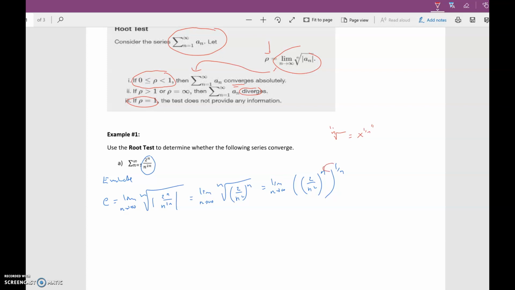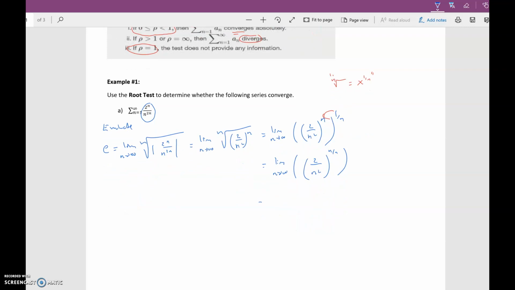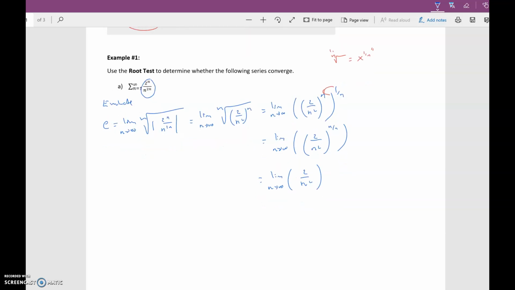Those two are going to simplify, so we're just looking at the limit as n approaches infinity of 2 over n squared raised to the n divided by n, which is 1, or simply the limit as n approaches infinity of 2 over n squared. In this case, our value happens to be 0.